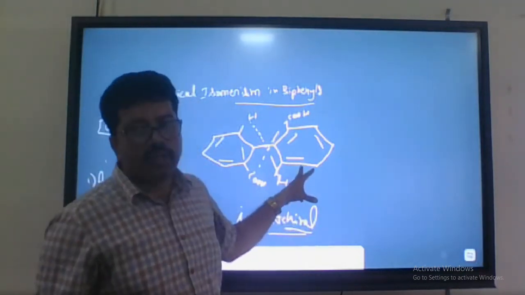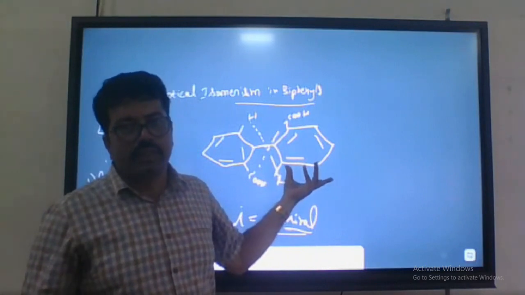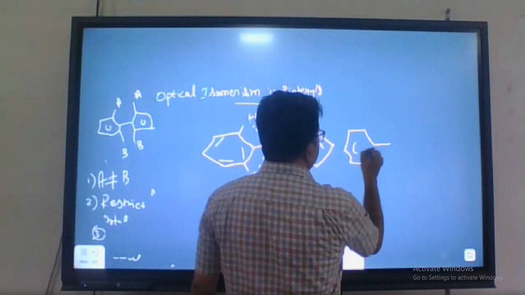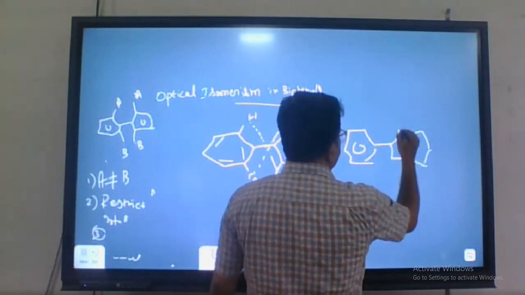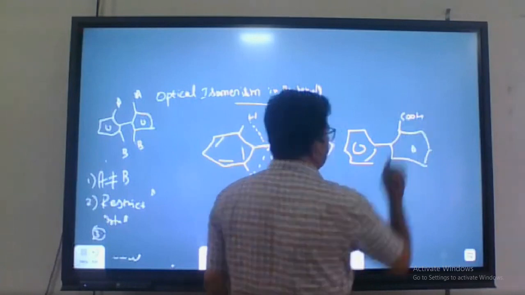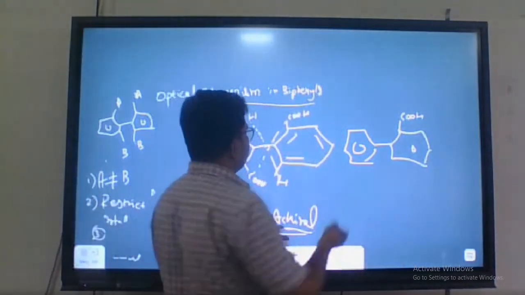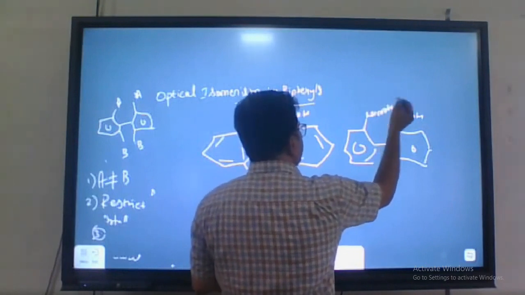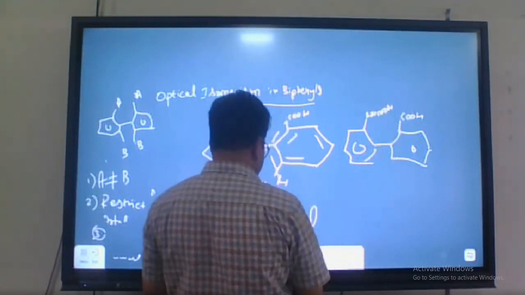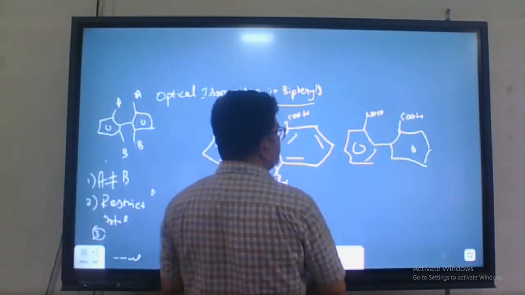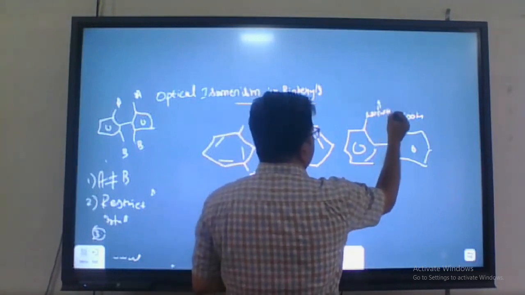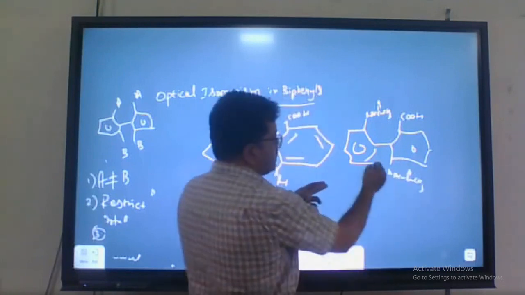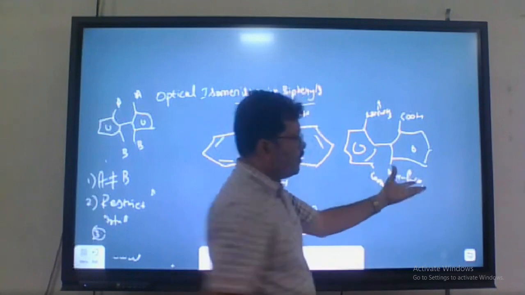So for it to be chiral, we need bulkier groups, for example. Here put COH, and here NH COCH3, an amide. Put this NH COCH3. Here there is no inversion center; all atoms will not be at the same distance.